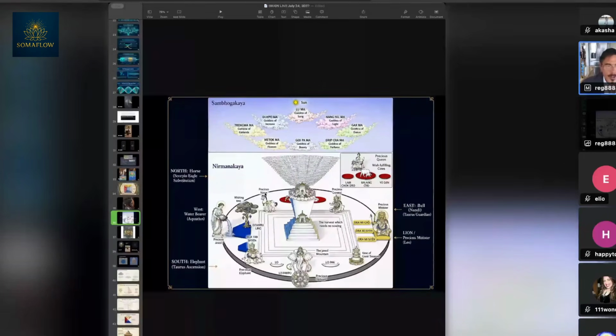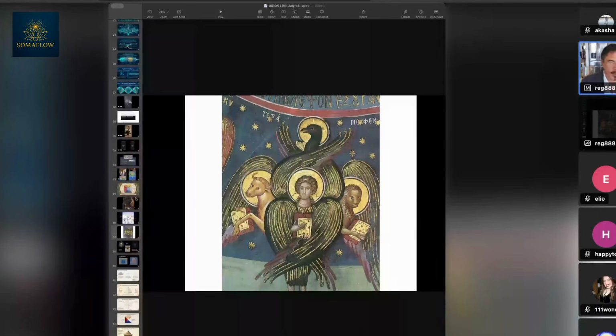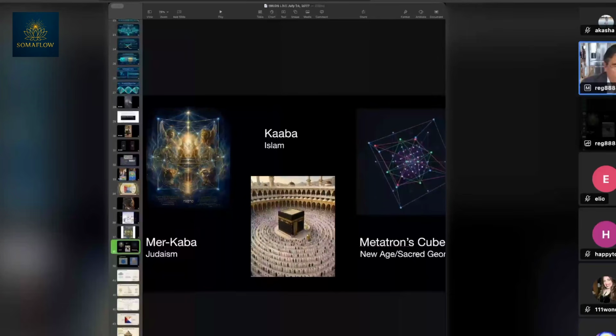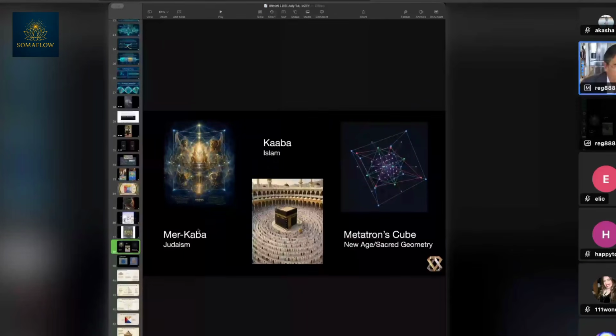I found all of this a little bit too coincidental, matching the story of the tetramorph. The tetramorph: the face of the man, the face of the bull, the face of the lion, the face of the eagle. And then I couldn't help but notice, wait a minute, isn't the name Mer of the Great Pyramid, which means luminosity or light, similar to Mount Meru?